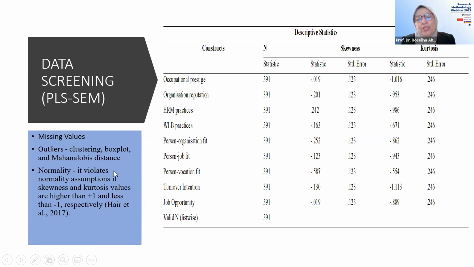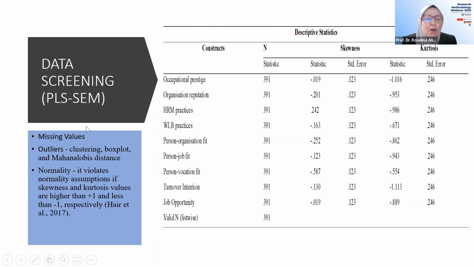If you are using Smart PLS, there is a tick there. You can choose which statistical tools, and normally for outliers we use the clustering methods, the box plot, or the Mahalanobis distance. These are the statistical tools within SPSS or Smart PLS.